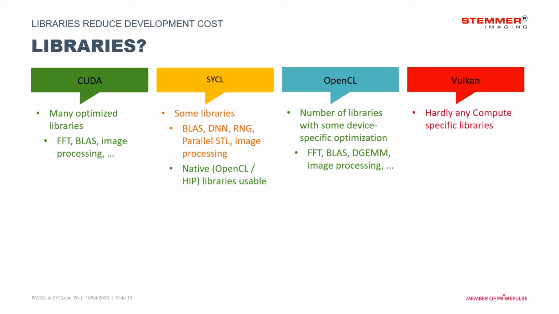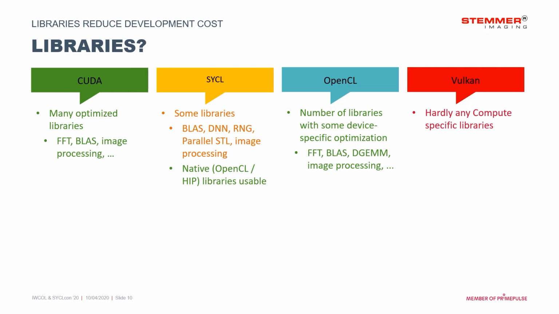Those are pretty optimized as well, so you probably find something that will help you and reduce your development cost. For OpenCL, the libraries that are available might not be as optimized for all supported devices, but there is still a quite good number of different performance primitives, as well as some more advanced algorithms.